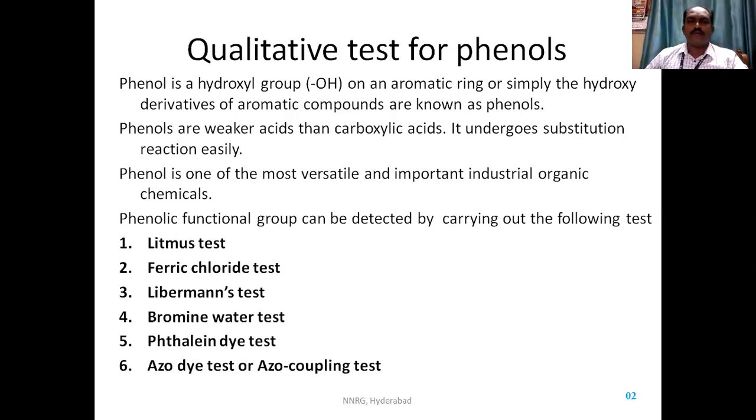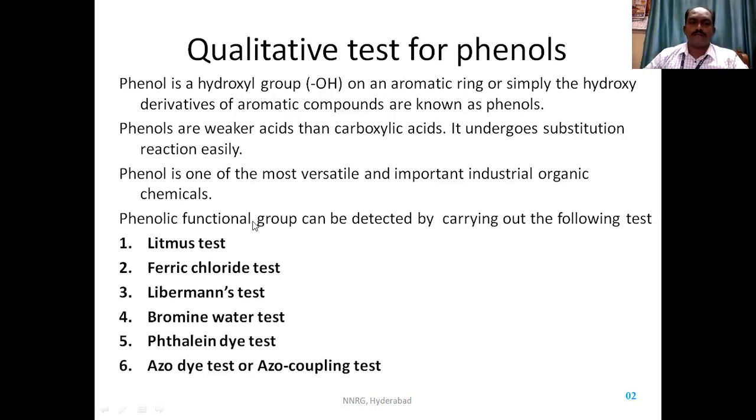They are weaker acids than carboxylic acids, but stronger acids than alcohols and water. Phenols undergo substitution reactions. One of the most versatile compounds in industry is phenol, so it is very important for us to identify the qualitative tests for phenols.